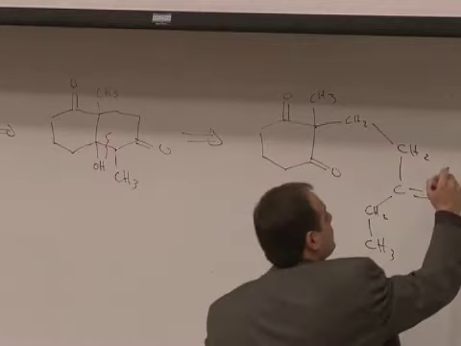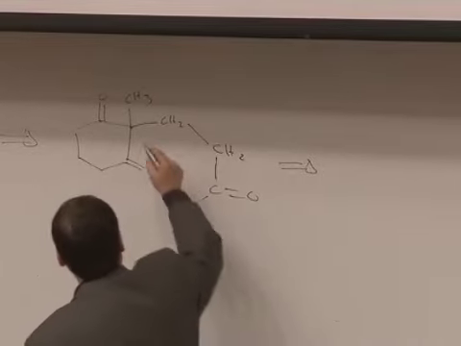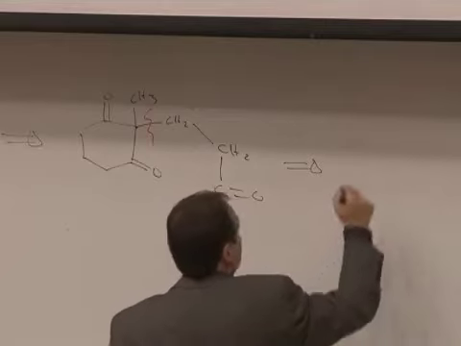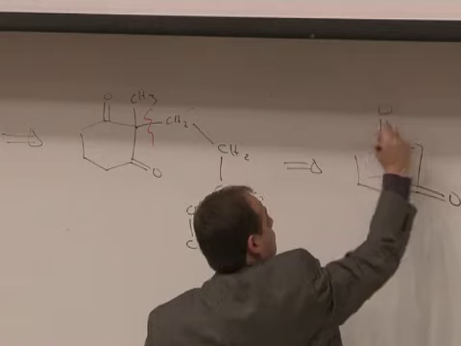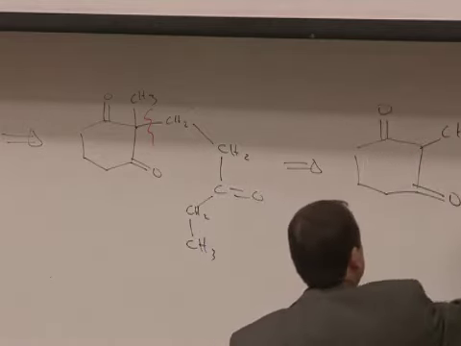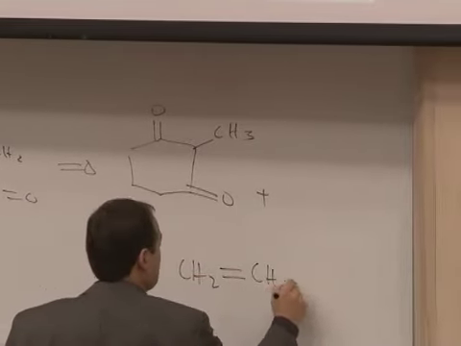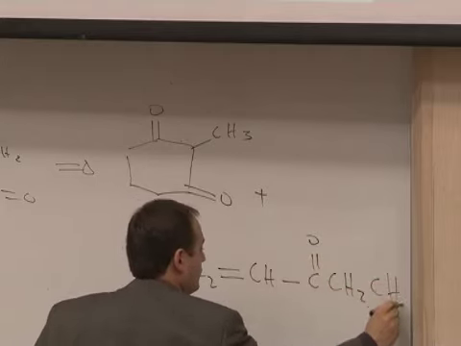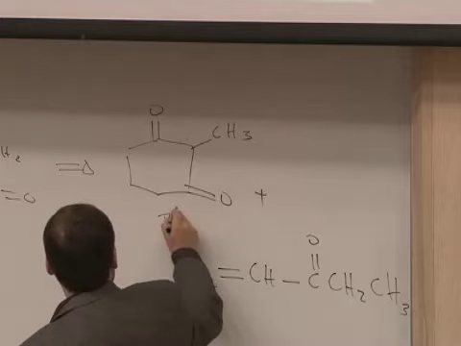Then this is coming from where? You're breaking right here. So it's coming from this diketone plus CH2 double bond CH, C double bond O, CH2, CH3. So this is number 2.